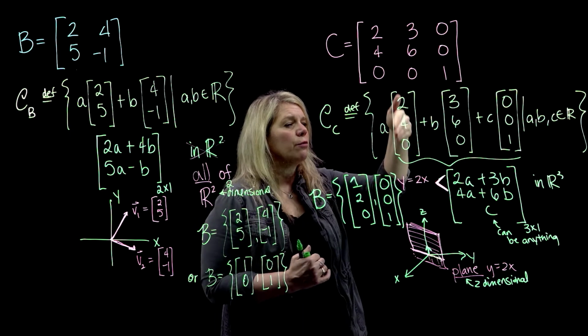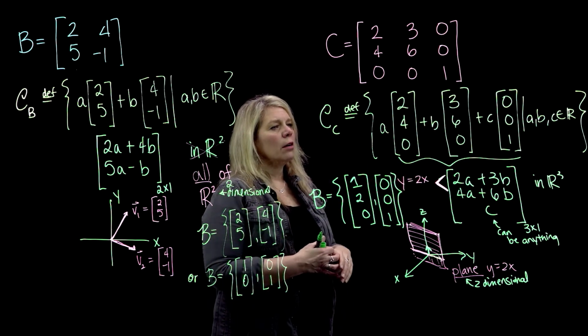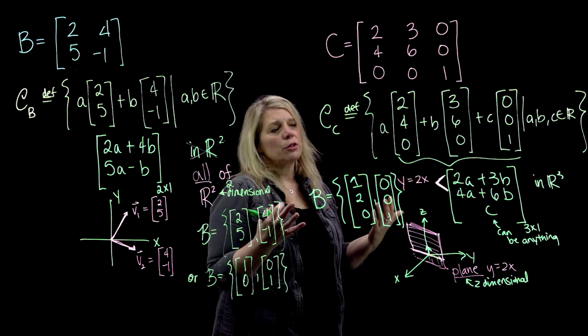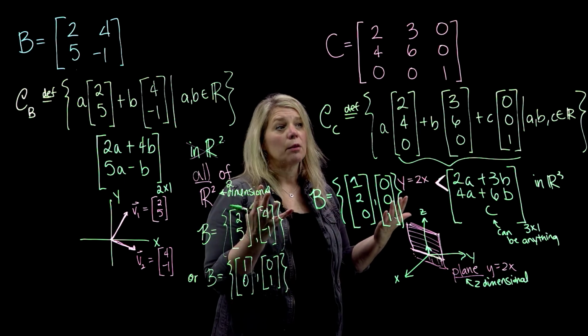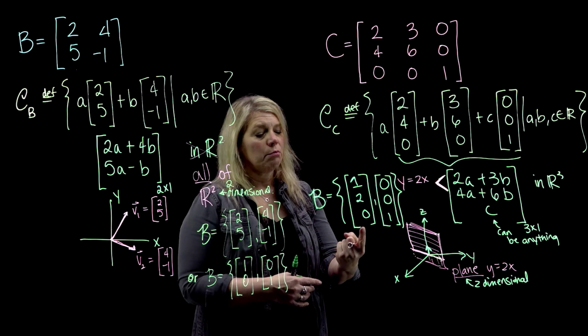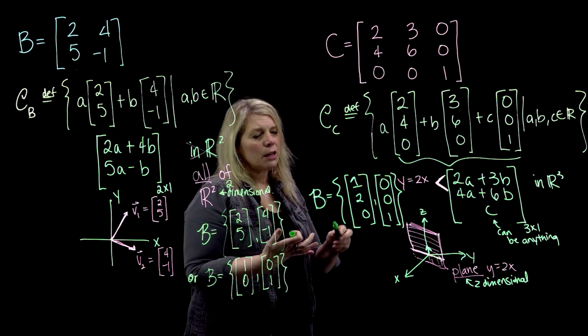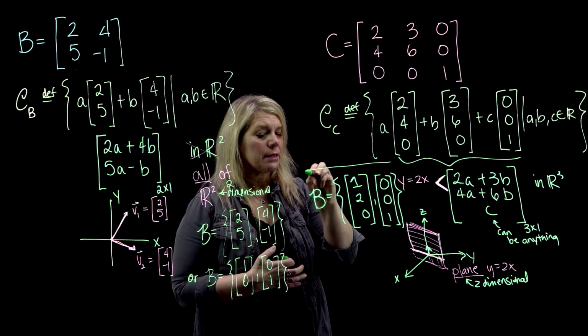So I could use 2, 4, 0, or I could use 3, 6, 0. I don't need both. I could also just use any non-zero scalar multiple of either of those, like 1, 2, 0 maybe would be a simpler version of a scalar multiple of that. So this is one possible basis.